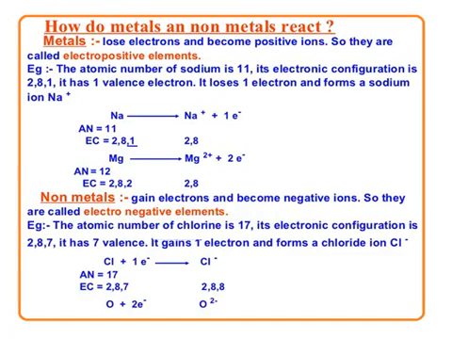Each element wants to have a completely filled valence shell. That means it wants to have either 2 or 8 electrons in its outermost shell. Metals have a tendency to lose electrons and nonmetals have a tendency to gain electrons.